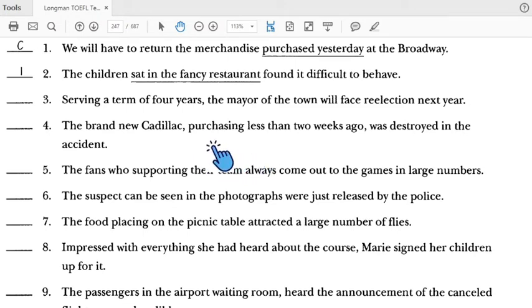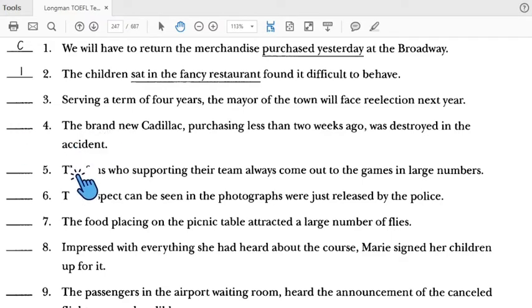We have to erase "which" and "was", so that this one is the past participle, verb 3. We put the past participle here, and this one is the verb, and this one is the reduced clause at the start. So number 4 is incorrect.